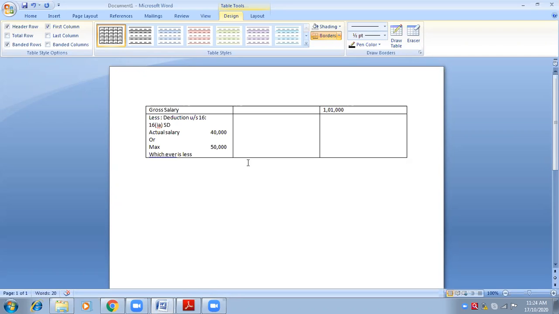40,000. Yes, perfect. So now come to the inner column. You have to write the amount of 40,000 rupees in the inner column. Remember, 40,000 in the inner column, because there is not a single amount of deduction.